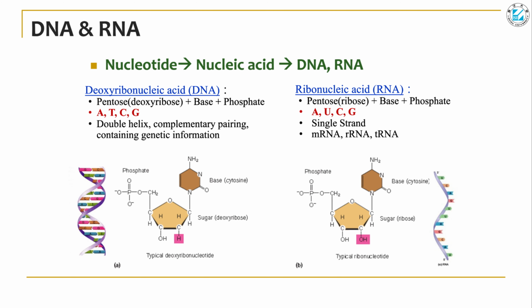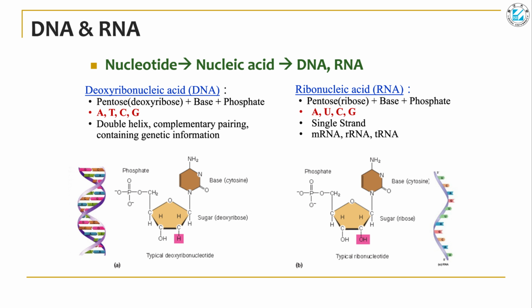Let's move to the next slide. DNA and RNA. DNA and RNA are composed of nucleotides. Many nucleotides compose a nucleic acid, and nucleic acids make up DNA and RNA.